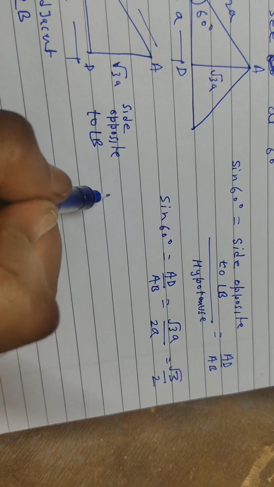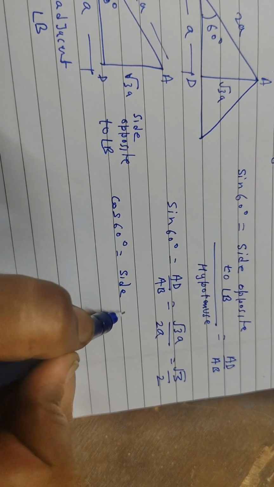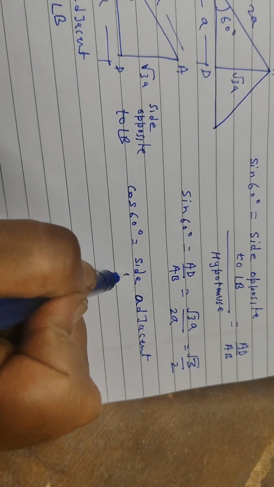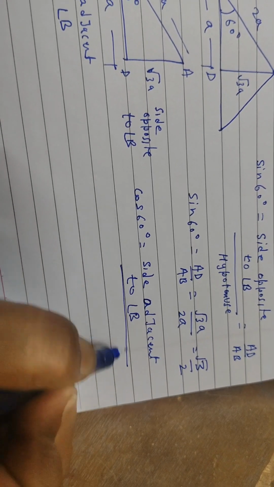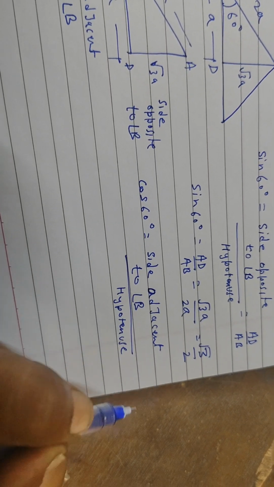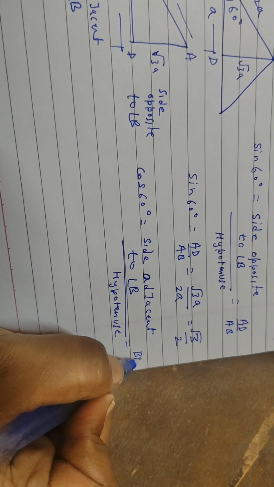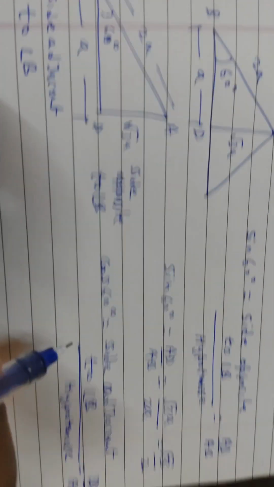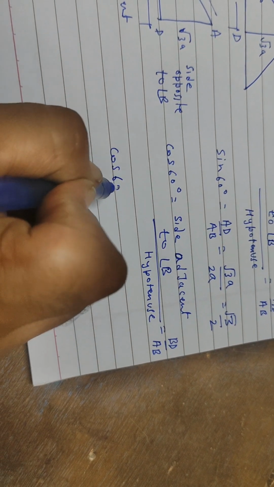As for cos 60, side adjacent to angle B over hypotenuse, which is BD over AB.